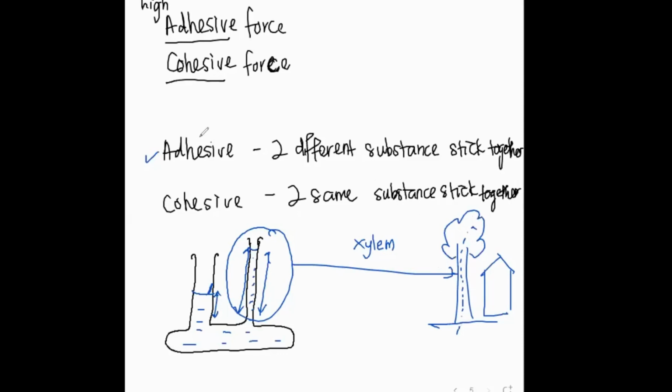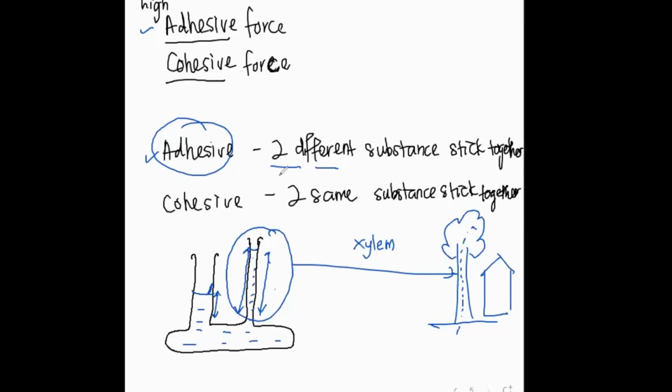This is because of the adhesive force between the water and the surface of the xylem. So here it is water and the surface of the tube, two different substances stick together. So water has high adhesive force, and because of the high adhesive force, it allows water to move up the xylem until the leaves.